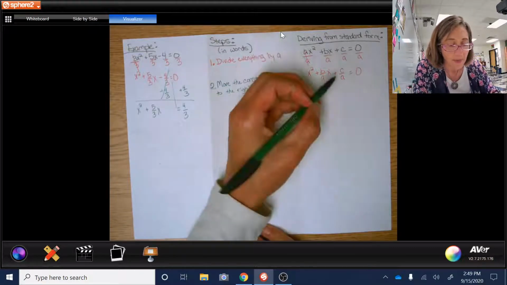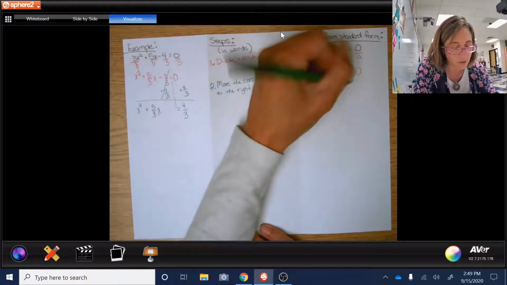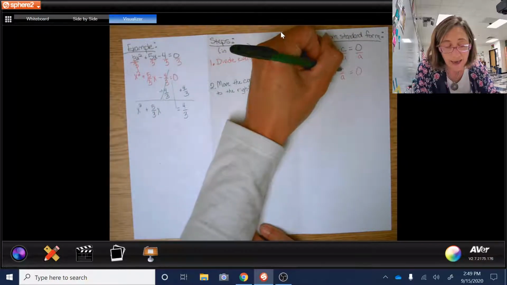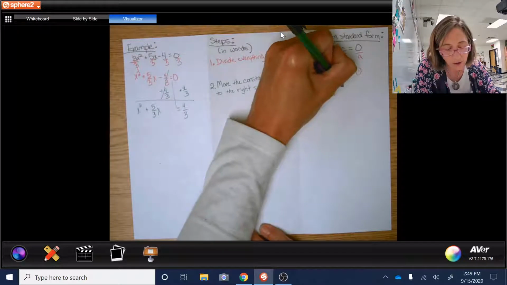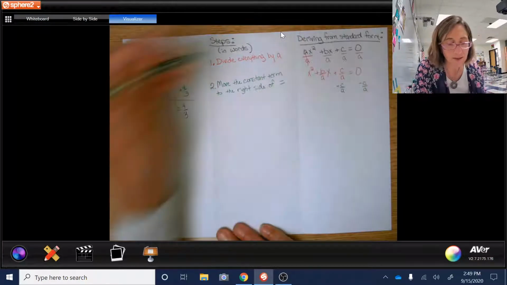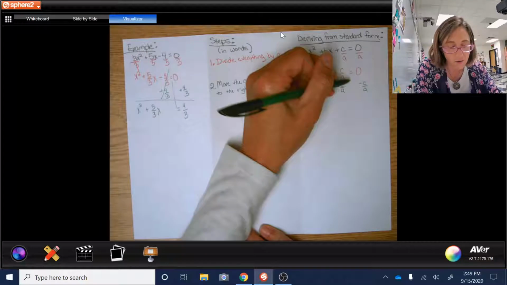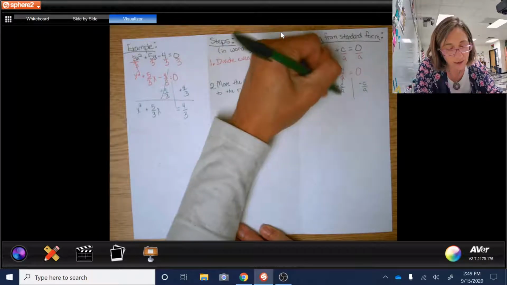So that means I need to do this over here with my variables, with my general form. So this plus c over a, to get rid of that, we'll need to subtract the fraction c over a. And I've got to be fair on both sides. So there's the fairness on both sides of my equation. So those cancel out.